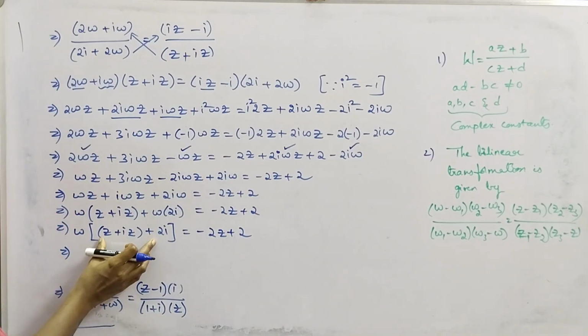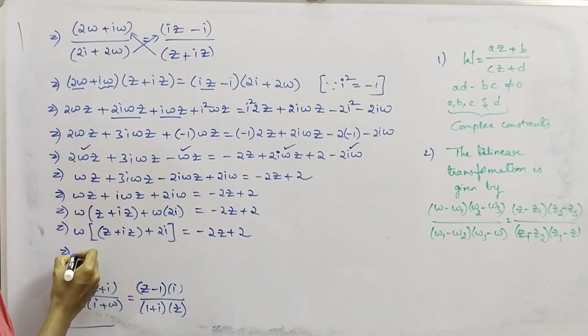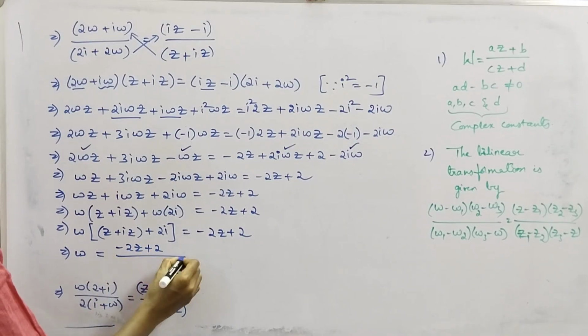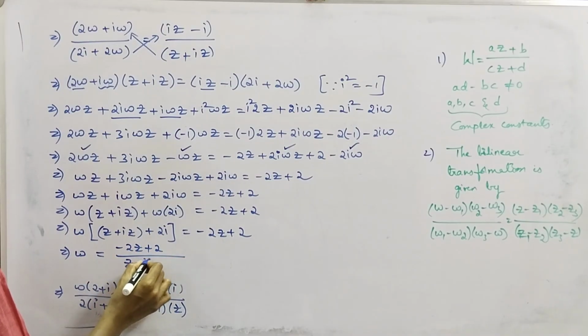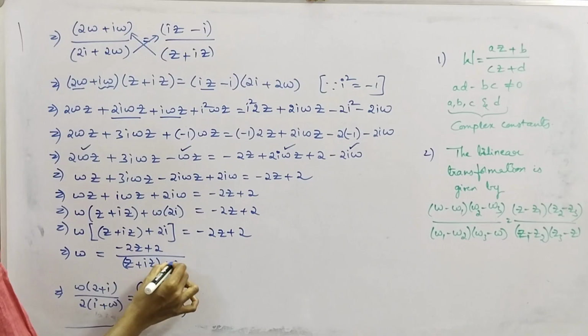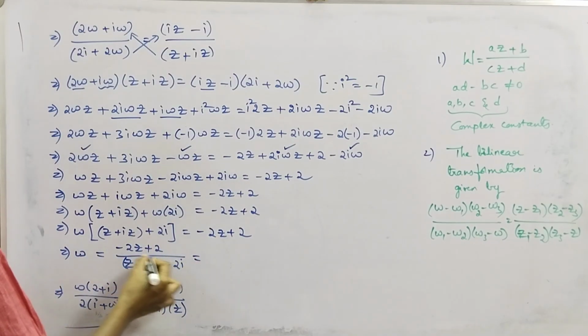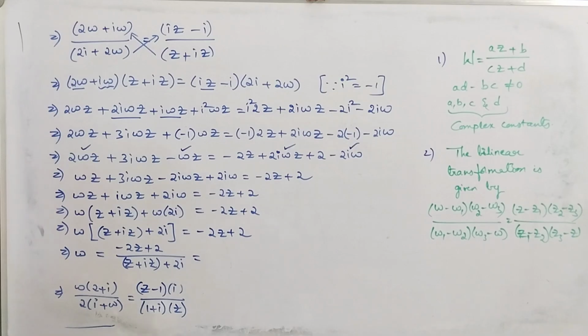Now, take this term to RHS because it does not involve any omega, only z's and i. Just take this to RHS, you'll get minus 2z plus 2 by z plus iz plus 2i. Okay. Now, I'm going to simplify the denominator, or you can simplify first and take to the denominator of RHS.